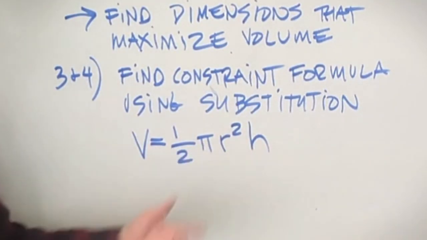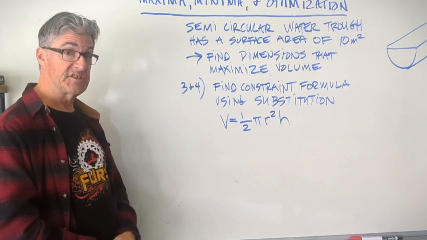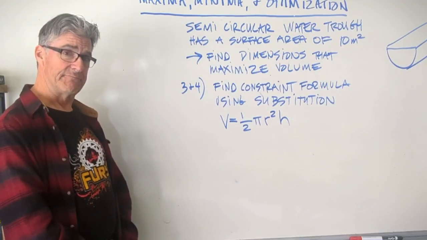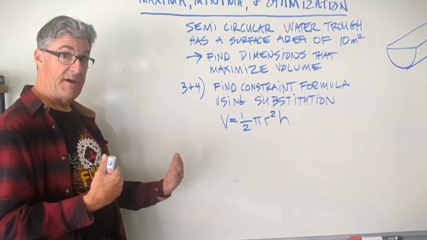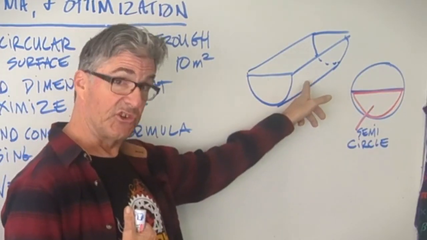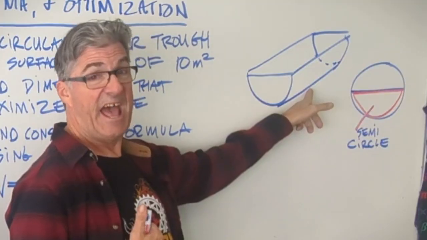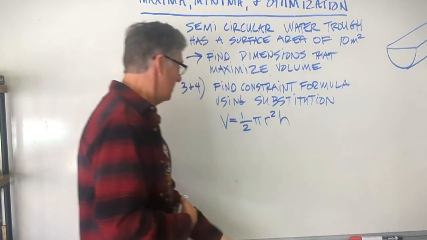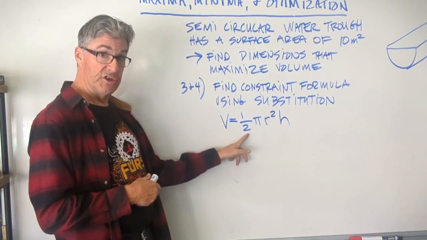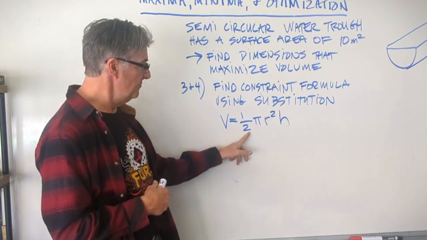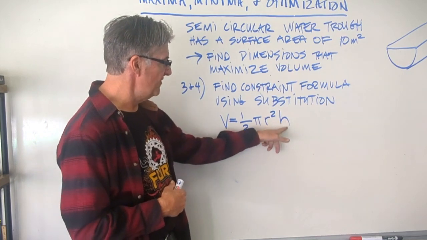Pi r squared h is the formula for volume of a cylinder, but I put a half there. Why would I do that? Okay, if you remember from the graph, a semicircular cylinder has half of everything a cylinder has. So the volume formula that we're trying to figure out to find a constraint for, so we can maximize volume, has a 1/2 in front of all of that.